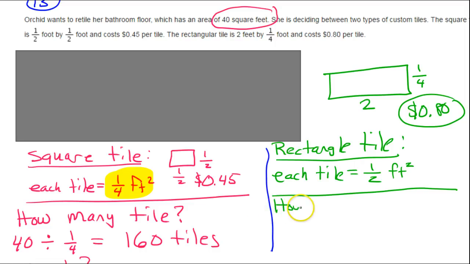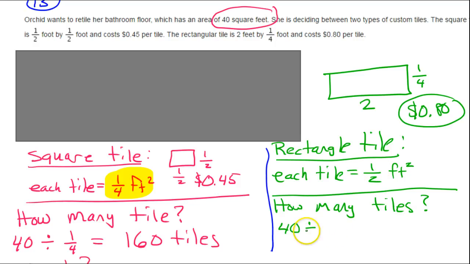So how many tiles will we need? Well, we need to cover 40 square feet. Each single tile covers 1/2 square foot. So if I want to figure out how many tiles, I'm going to have to do the total area divided by the area of each tile.